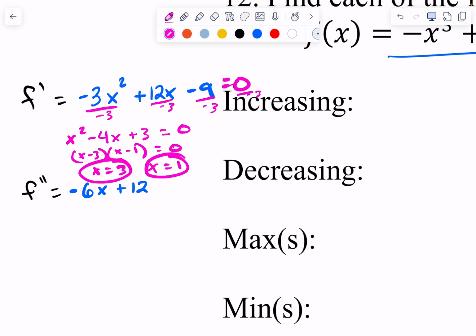The first derivative tells you where it's increasing and decreasing, so maxes and mins. Those are my potential maxes and mins. I don't know which one they are, but we'll find out. All right, set this guy equal to 0. I'm going to add the 6x over. So 12 equals 6x and x equals 2. And that guy is a potential POI.